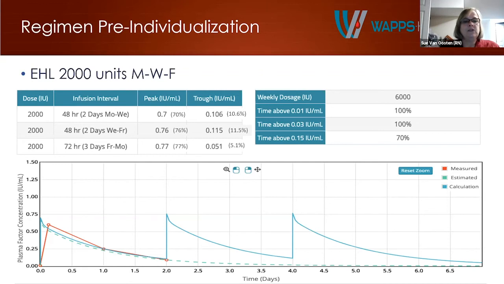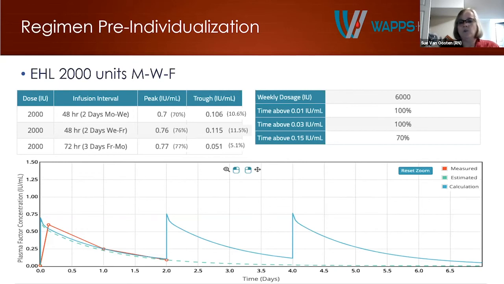And before his next dose, 2 days later, he's around 10.6%, which isn't bad. Then his Wednesday to Friday, again, he gets up to about 76%, and his trough level is 11.5. Again, not bad at all. Then on the Friday to Monday, he's 77%, but he goes down to 5.1, which still is not bad.